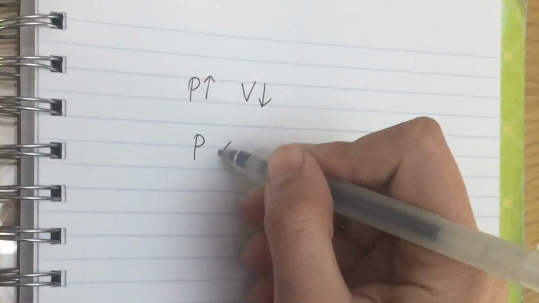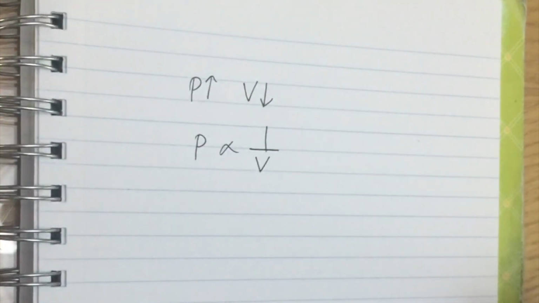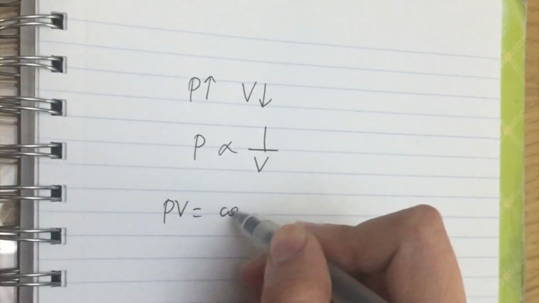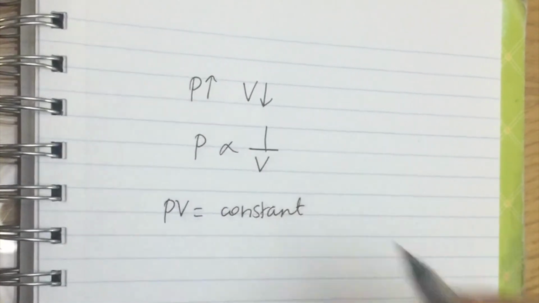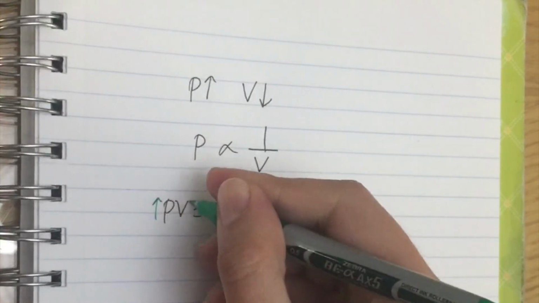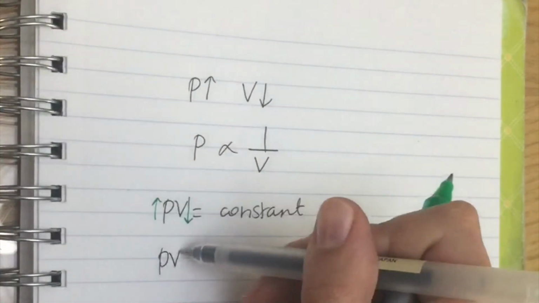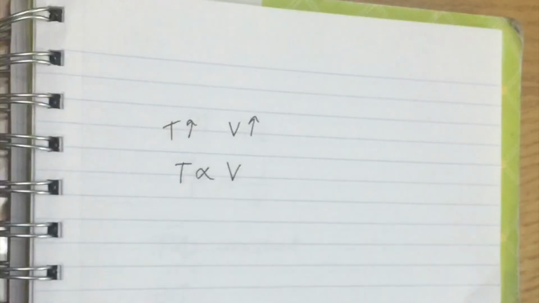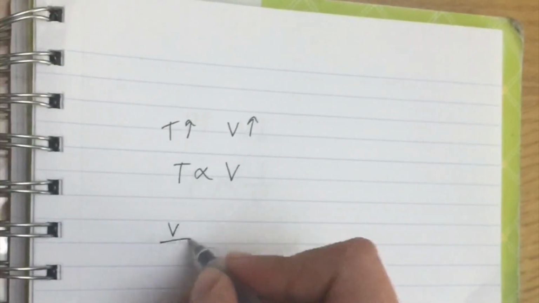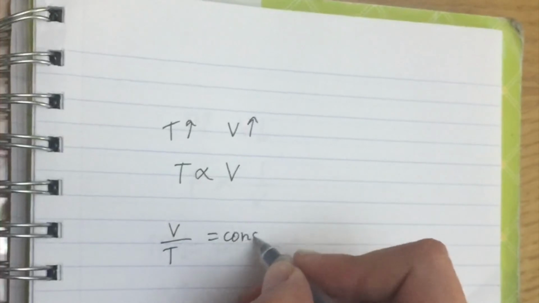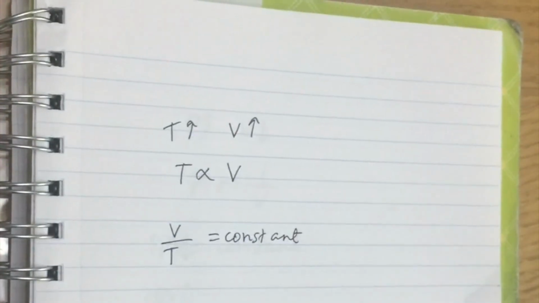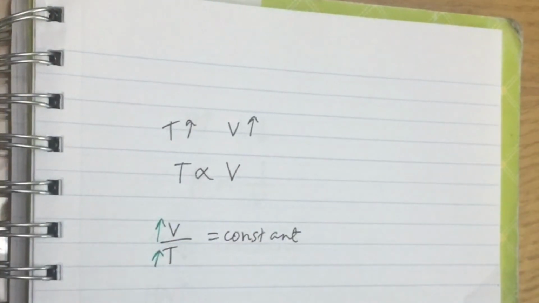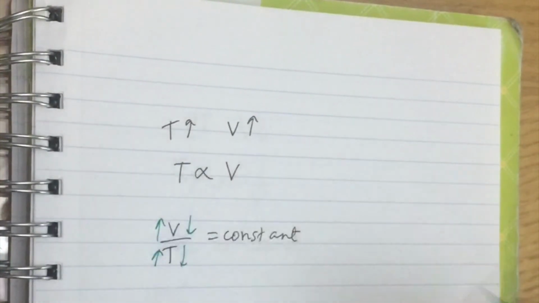We used to say that P is inversely proportional to V, and that PV is constant, because whenever P increases, V has to decrease, and whenever P decreases, V has to increase. Similarly, we can now say that V over T is constant, because whenever T increases, V has to increase, and whenever T decreases, V has to decrease.